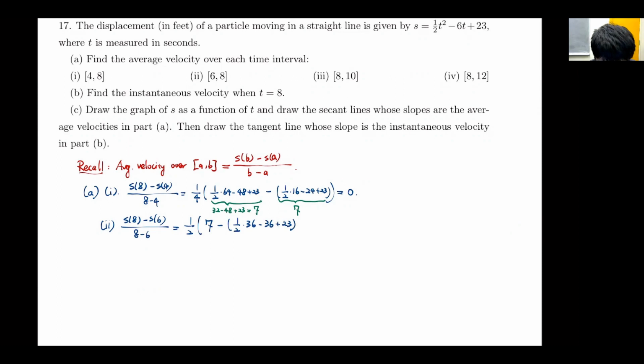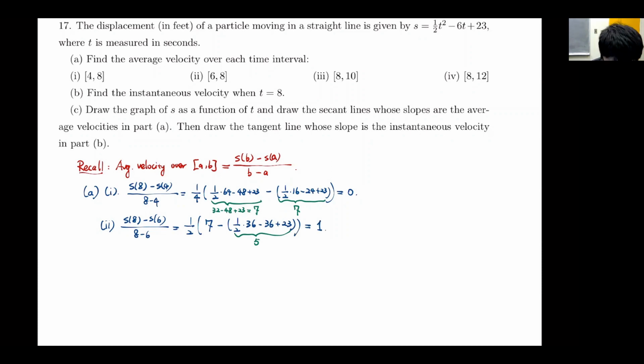So that is minus 18 plus 23, and the answer for s(6) is 5. So we are doing 7 minus 5 divided by 2, that is 2 divided by 2. The answer is 1. That is part 2.